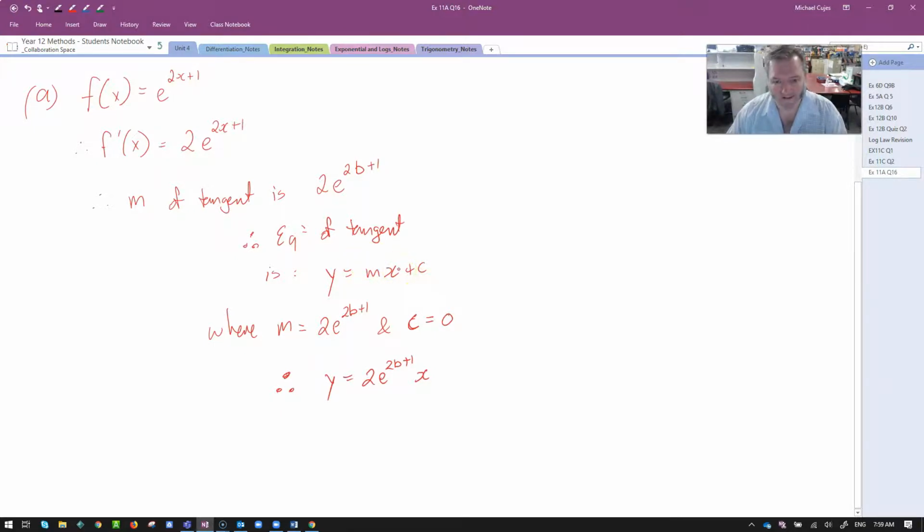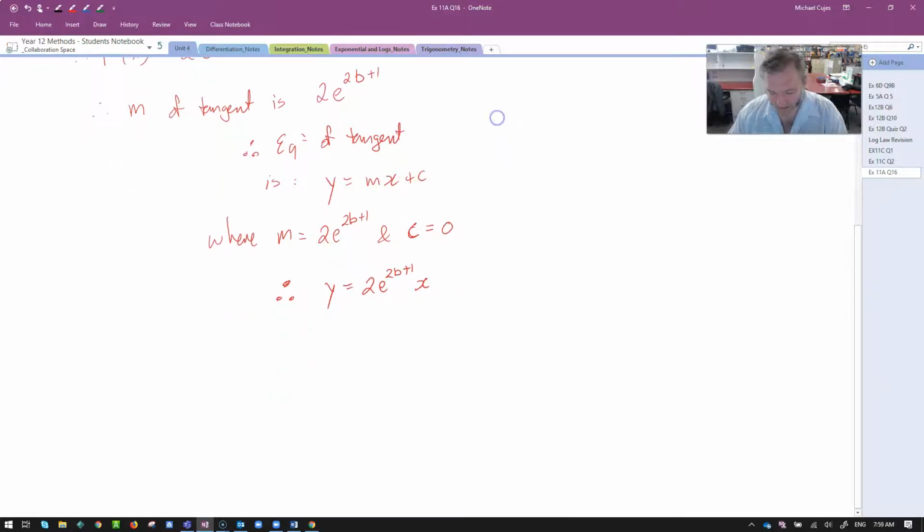Let's fill it in. Now, we still want to find b, but we know a point on the line, don't we? We've used the fact that when x is 0, y is 0. But can we actually find a value for b? Let's just pause while that bell rings right after that rude interruption. So, yeah, we've used the 0, 0 point, but what's the other point we know?